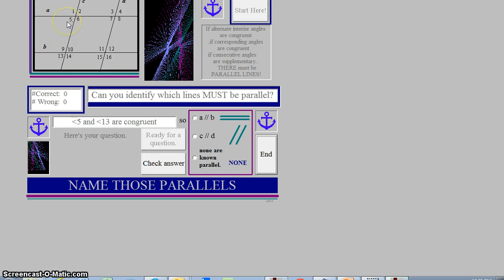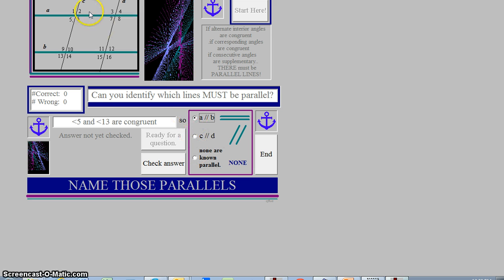And if those two angles are congruent, then lines A and B must be parallel. Down here in this box, we have some choices. We can say that the horizontal lines A and B are parallel. We can say that the tilted lines or diagonal lines C and D are parallel, or we can say that we just don't know. We haven't got enough information.